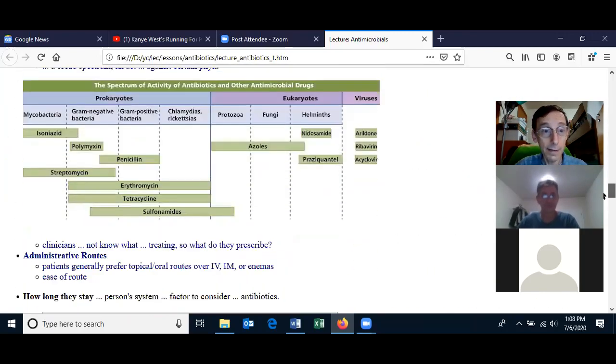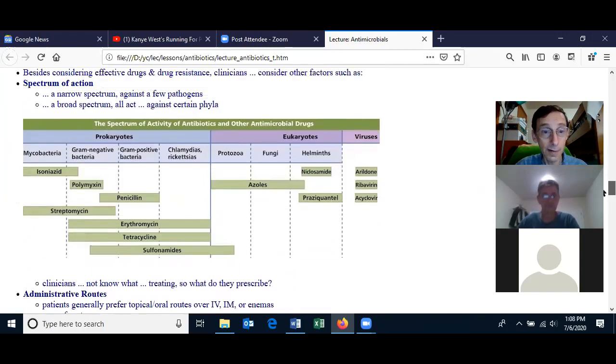And the antibiotics can act narrow spectrum, and that is they act only on a certain group of the bacteria, like polymyxin B would definitely be a narrow spectrum antibiotic. And then there's ones that are broad spectrum where they work on more than one group, like tetracycline works on both the gram-negatives and the gram-positives and the chlamydias.